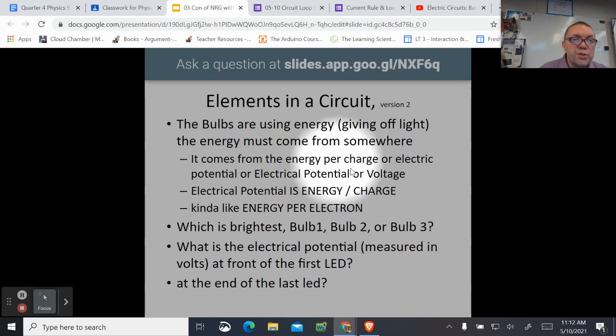Bulbs use energy, they give it off. The energy comes from the charges. The energy comes from the battery, or the electric potential of the battery gives those charges energy. Electric potential is energy per charge. It's kind of like energy per electron. It's not really, because an electron does not have 1 coulomb of charge. But as a mental model, trying to think about what's going on, a volt of electric potential can be thought of as energy per charge or energy per electron.